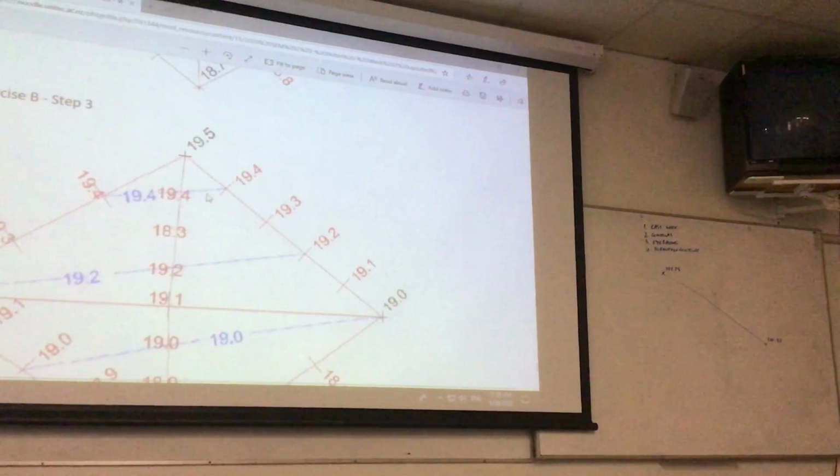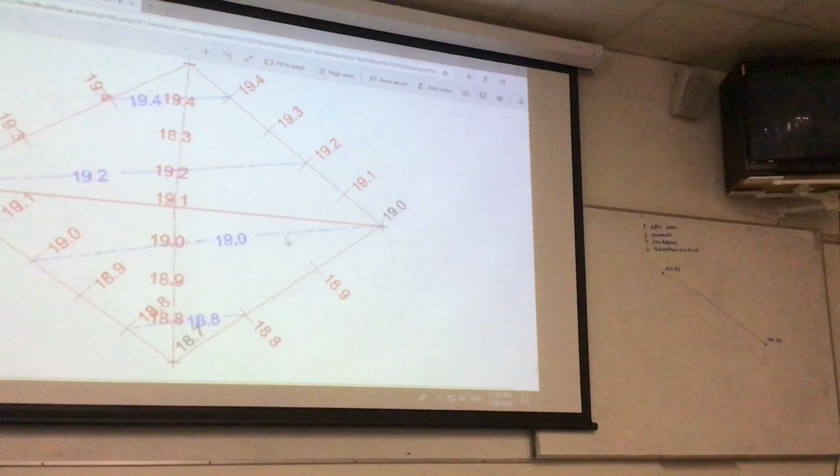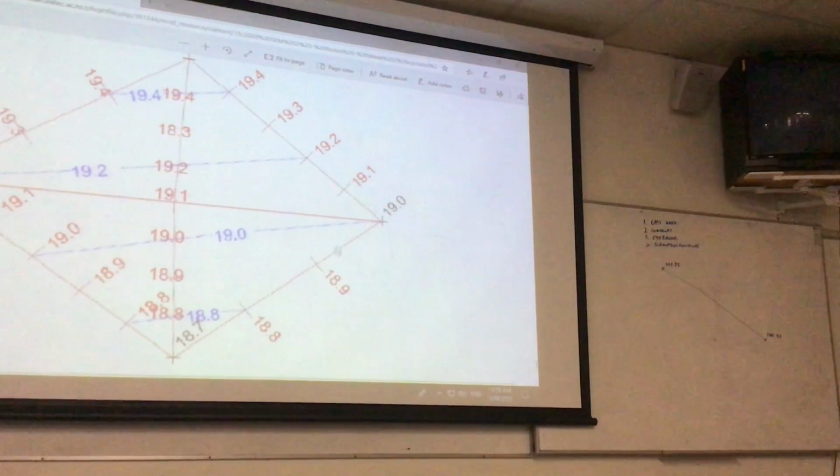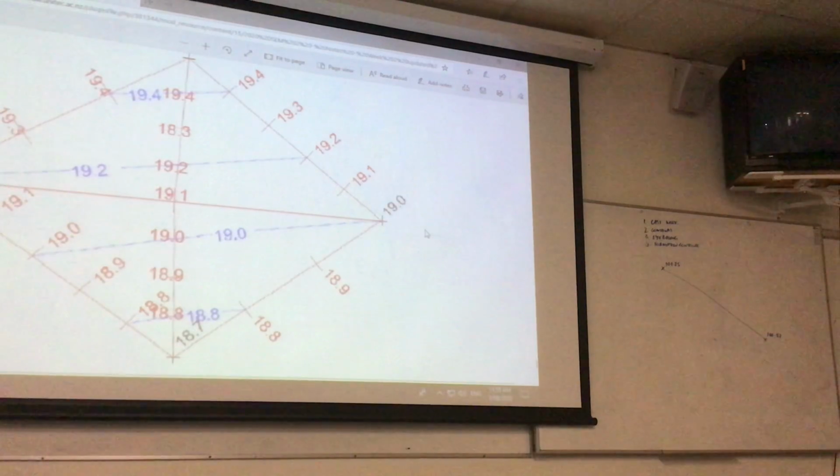So the 19.4, 19.2, 19.0 and 18.8. That is a very big clue for those that want to do eyeballing for the assignment. You've got to do point 1s first to get to the point 2s.